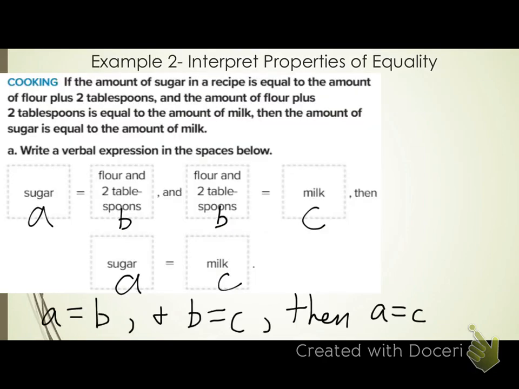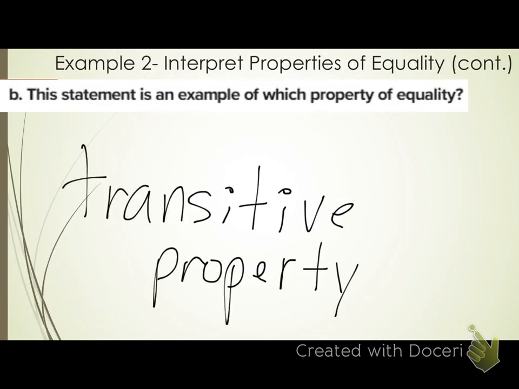They had one thing equaling a second thing, the second thing equaling a third thing, meaning that, hey, that first thing's also going to equal that third thing. Okay? Any questions on example 2? We good there? And then, like I said, part B, this is an example of our transitive property.